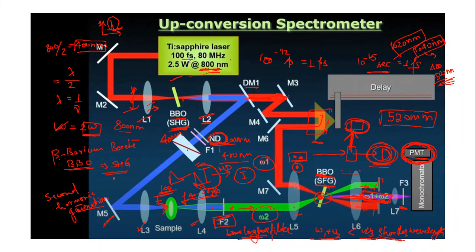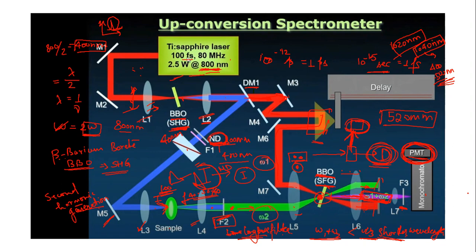Because the electronic devices used in the machines are not fast enough. So here the fastest thing they have used is light. Light has a speed of the order of 10 to the power 8 meter per second, which is quite fast. So using light as a source only, we can study processes as fast as the time scale of femtoseconds.